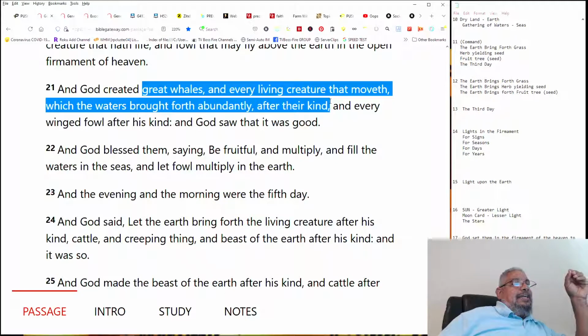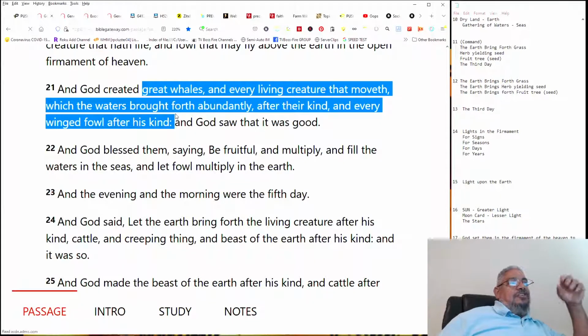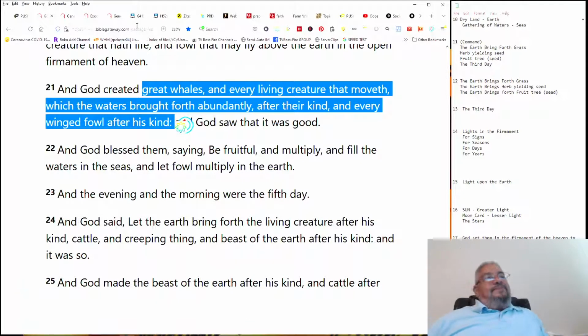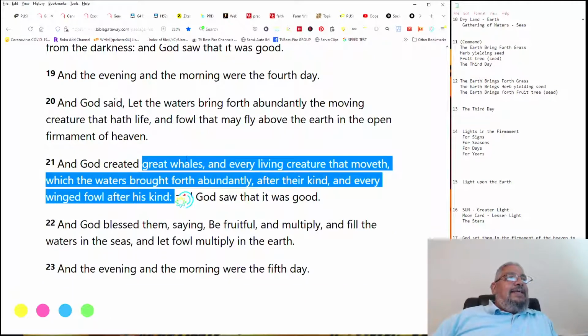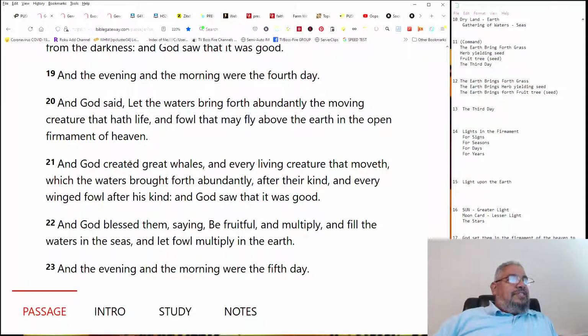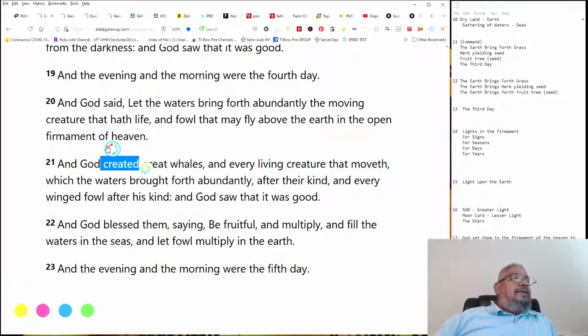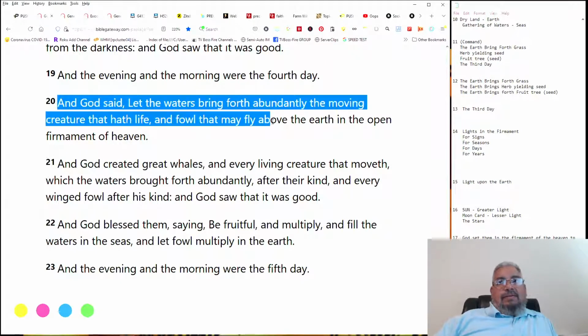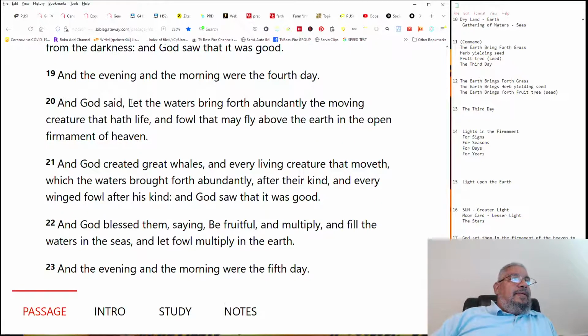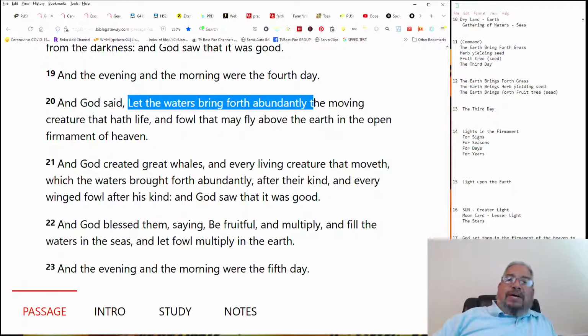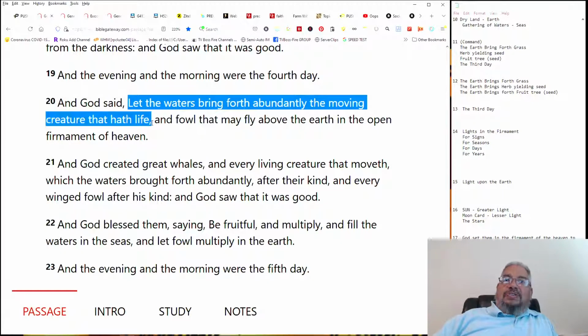After their kind, and every winged fowl after his kind, and God saw that it was good. Now, there's comments that when it says and God created, that is what God was doing in verse 20. Okay? That was what God was doing in verse 20. Let the waters bring forth abundantly the moving creature that have life.